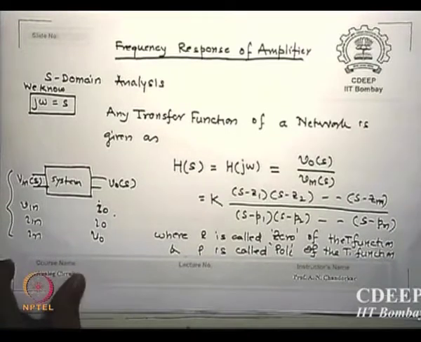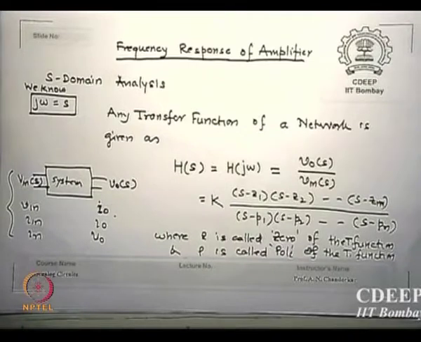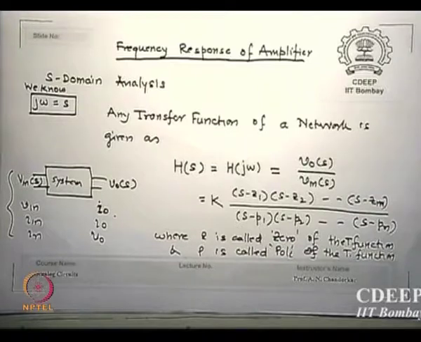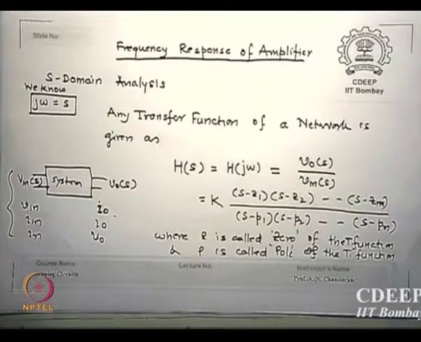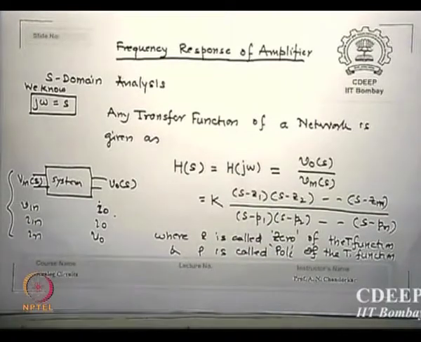Why are we looking into this? Let us say if S is equal to P1, how much is H(s)? Infinite, H(s) goes to infinite. If S is equal to Z1 or Z2 or Z3, how much is H(s)? Zero. So a pole is essentially saying the transfer function value goes to infinite, and a zero means the transfer function value goes to zero.